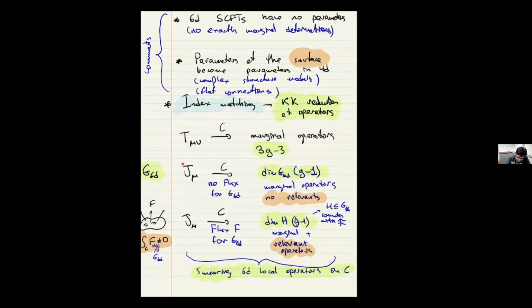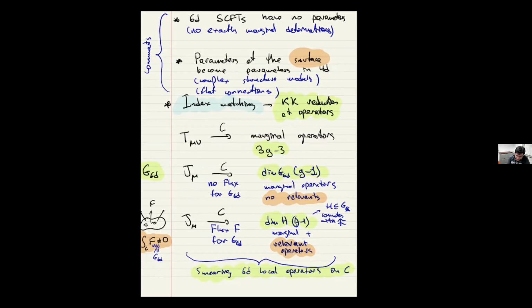Another thing that you can do is, if your 6D theory has a conserved current, you can again ask yourself, okay, I compactify this operator to 4 dimensions, what can I get? And what you discover is that if you don't turn on any flux on the surface, so you don't break your 6D symmetry by turning on flux, you will get a certain number of exactly marginal operators in 4 dimensions, and this number is equal to the dimension of the 6D group times G minus 1.